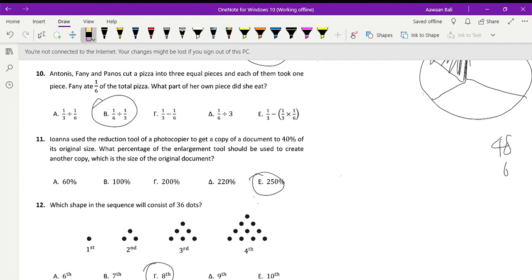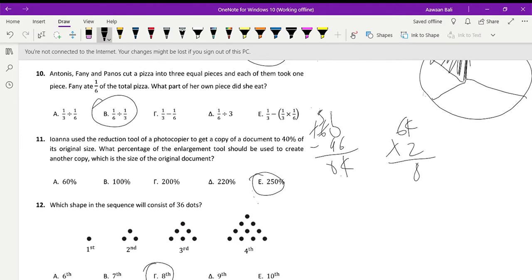Sorry, it says it's 40% of its original size, which means you minus by 60 though. So once, and it's 96, it's 64. Now basically we have to find how we get back to 160 from here. So let's do 128, and half of 64 is 32. So 128 plus 32 is 160. So we go back to the whole, and the answer is 250%.